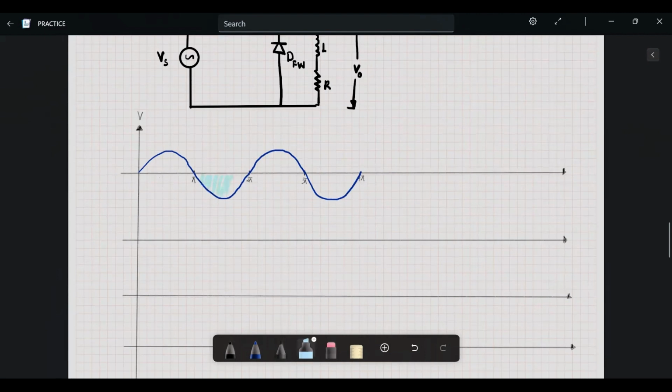This one we blocked, isn't it? We know that it only allows the positive cycle. So what's going to happen is this.